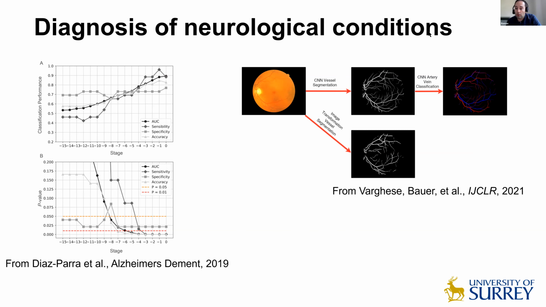And we show in this paper here that, again, we can use machine learning in order to classify subjects' retinas, depending on whether they're healthy or whether they have Alzheimer's disease or Parkinson's disease. And so if you're interested, I would recommend you to have a look at this publication.